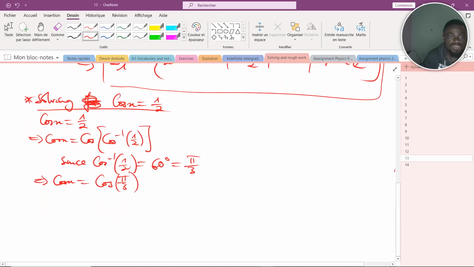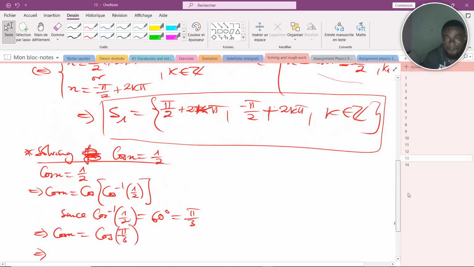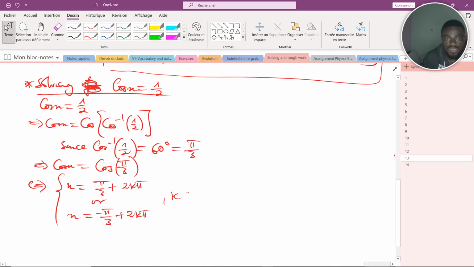So this implies, in the general solution form of cos x, I will have x being equal to pi on 3 plus 2k pi, or x being equal to minus pi on 3 plus 2k pi, where k belongs to the set of integers.